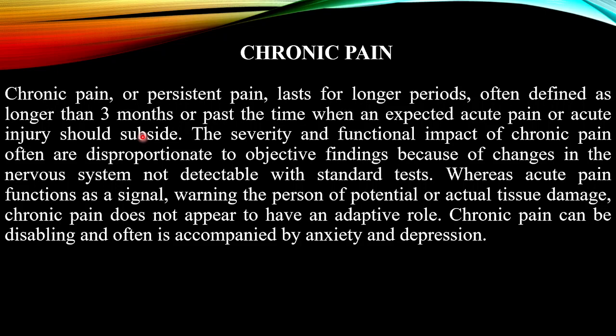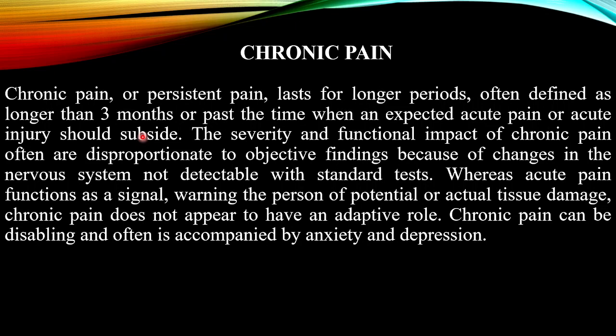Some people suffer chronic pain even when there is no past injury or apparent body damage. So chronic pain is linked to conditions such as headache, arthritis, cancer, nerve pain, fibromyalgia.